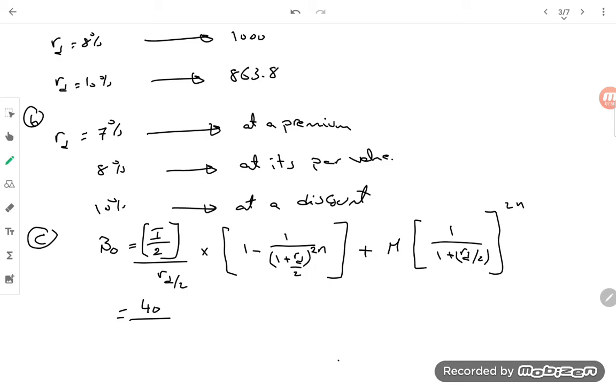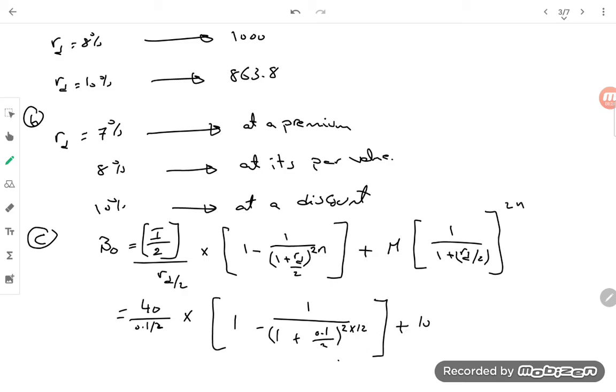RD is 10% divided by 2, so it's 0.05. Multiplied by 1 minus 1 over (1 plus 0.1 divided by 2), all to the power 2 multiplied by number of years, 12, so it's 24.